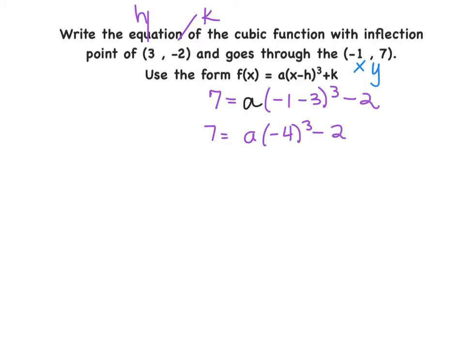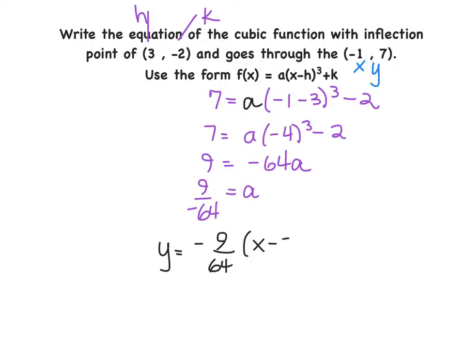I'm going to add 2 to the other side. -4 cubed is -64. And if I divide both sides, that will not simplify, so a is going to be 9 over -64.